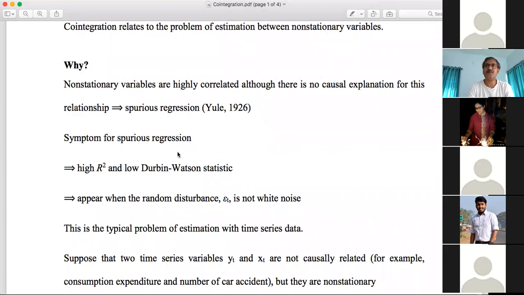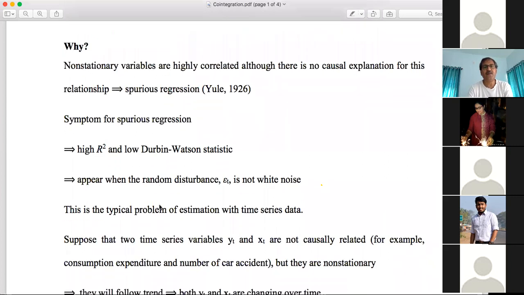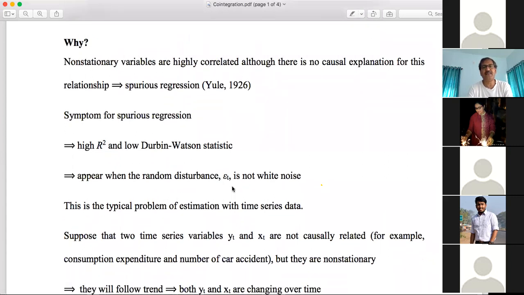So if your model provides a high value of R square and a low value of Durbin-Watson, it suggests your result may be spurious. And this kind of spurious regression will appear only when the random disturbance term is not white noise.